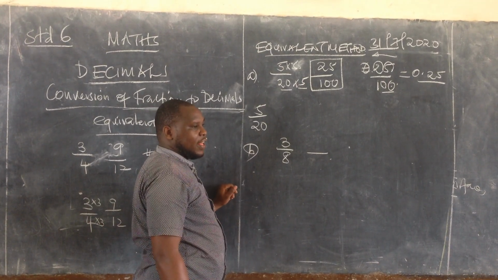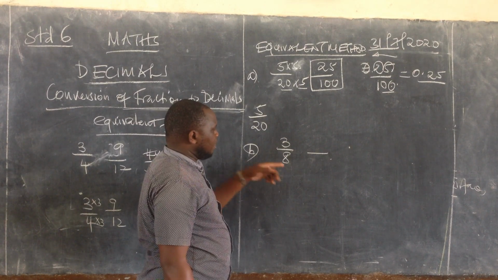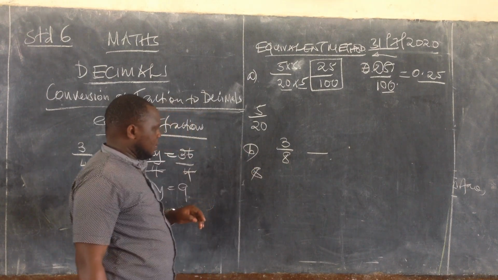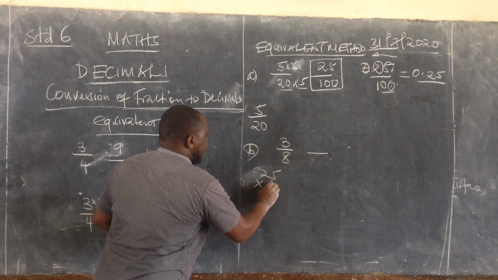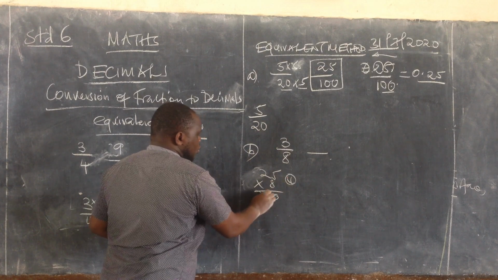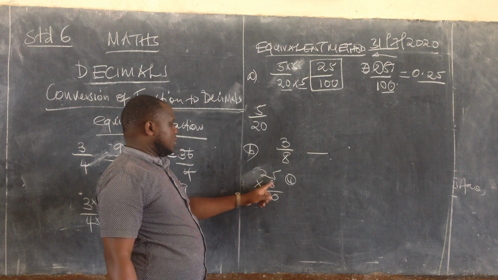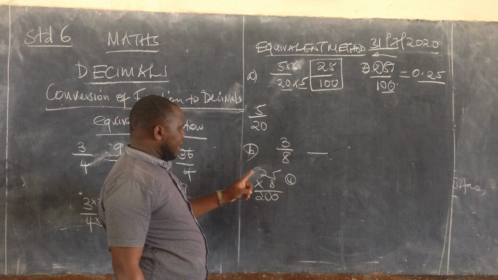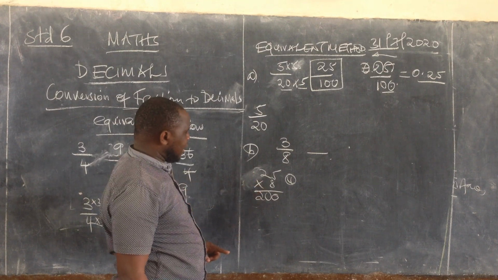We don't want 80. So what number can we multiply this with? 8 by 25, we get 200. What about by 20?